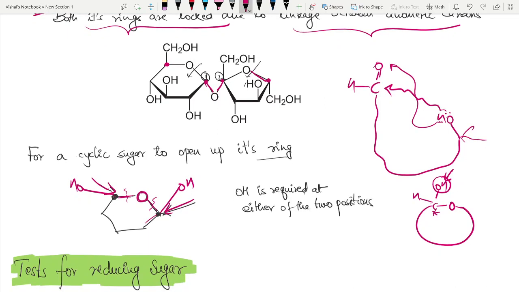Okay, so now we understand which carbohydrate molecules can be reducing: only those molecules which can generate a free CHO group. So when you are dealing with a disaccharide, you will have to think whether the ring can open up or not. Because if the ring can't open up, then there cannot be any free CHO group. Even if the ring opens up with a ketone group, then again by tautomerization you can reach a free CHO group.